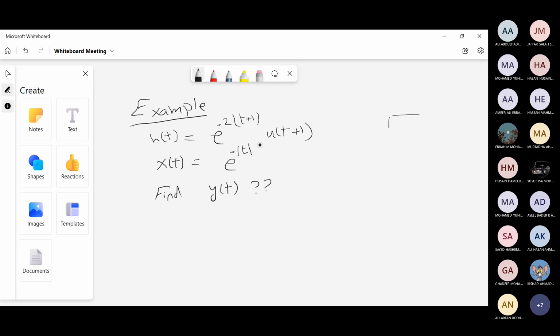Of course, I'm talking about a linear time invariant system. So this is my x of t, and I want to find y of t given this h of t here.